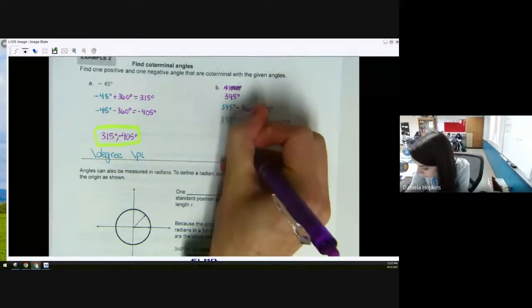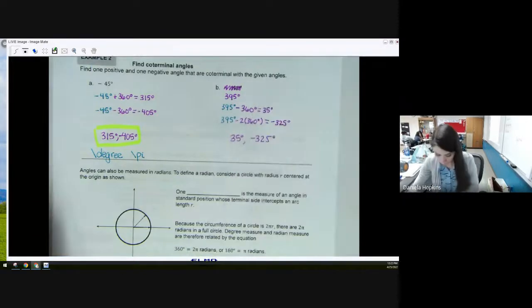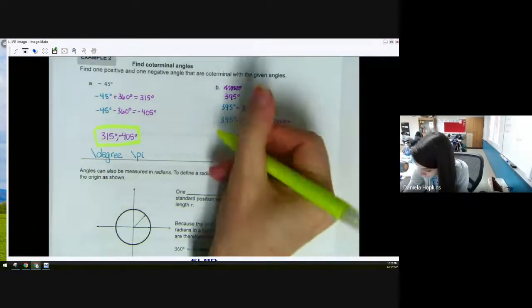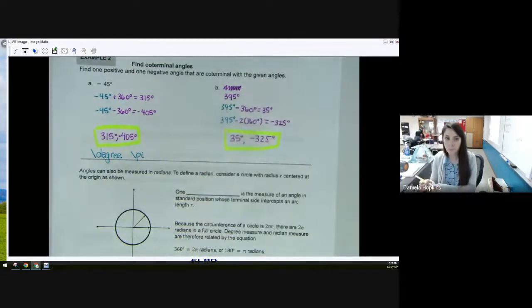I have 35 degrees and negative 325 degrees. Again, you can have lots of different answers. So there's 3 that look like this, and maybe you won't get the right answer right away. But if you've added or subtracted 360 degrees, or for the radian ones, the radian check, you have the right answer. I just have to go through and double check it because I can't have every single correct answer if there's an infinite amount of them, if that makes sense.